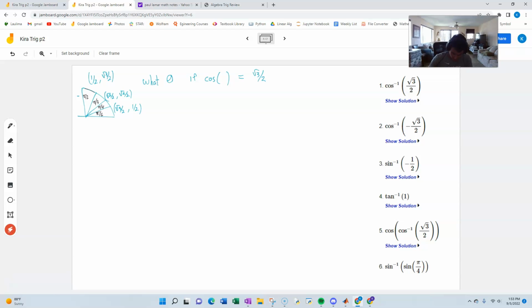It's pi over 6. Okay. And then let's just check. Cosine pi over 6. Oh, yes, we know that's square root 3 over 2. So this guy is pi over 6.